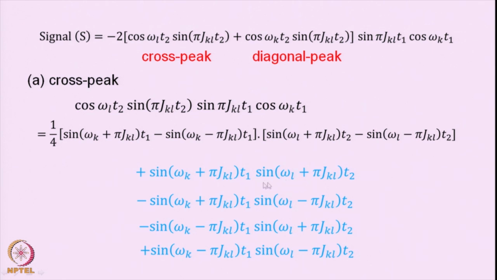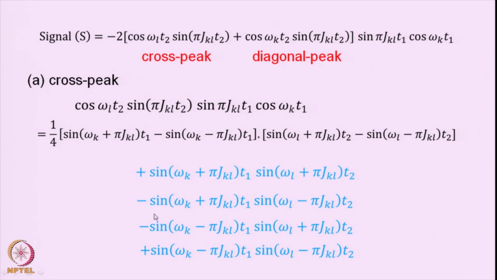So, what does this give me? Now, if you see the first term, it has one T1 part and one T2 part. After 2 dimensional Fourier transformation, this will give me a frequency at omega k plus pi j k L along the F1 dimension, and a peak at omega L plus pi j k L along the F2 dimension. This is one component of the cross peak.